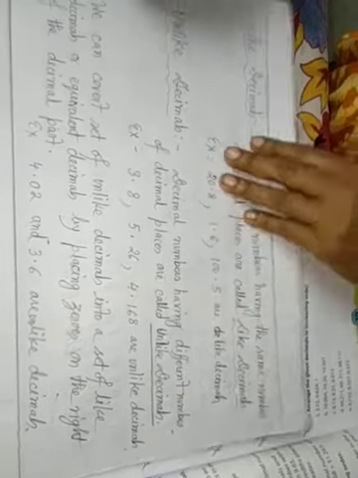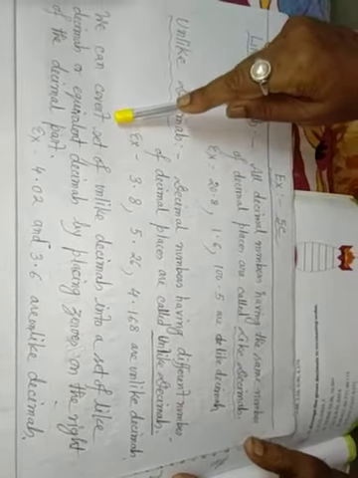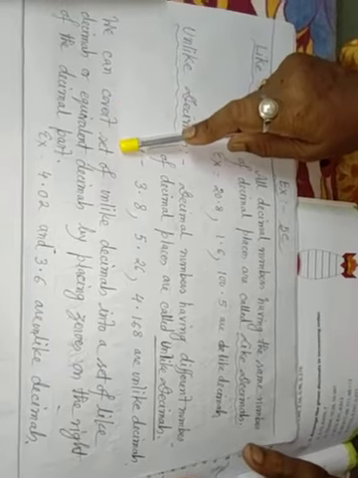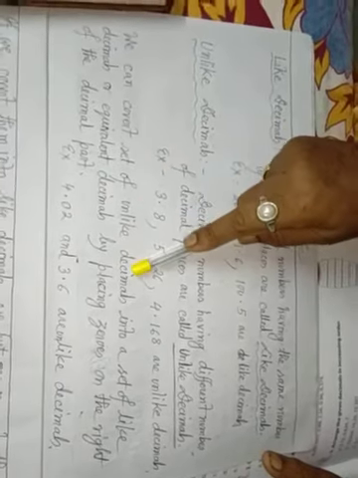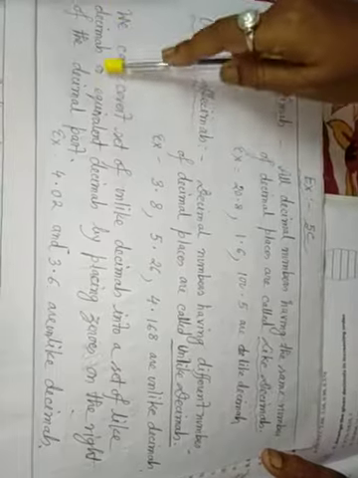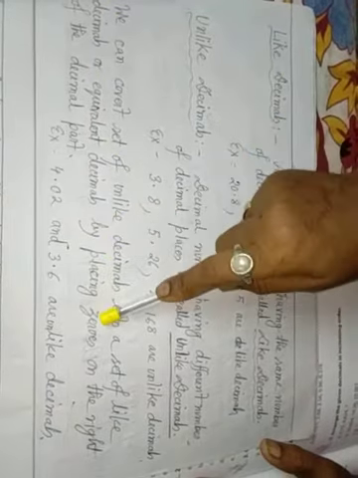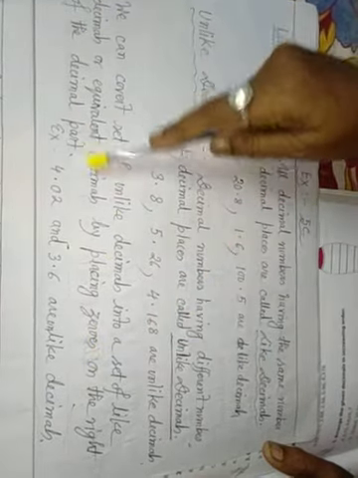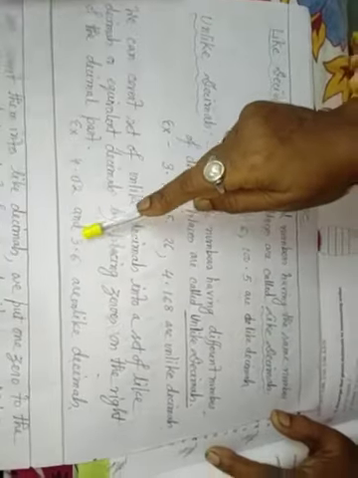We can convert a set of unlike decimals into a set of like decimals or equivalent decimals by placing zeros on the right of the decimal places. For example, 4.02 and 3.6 are unlike decimals.